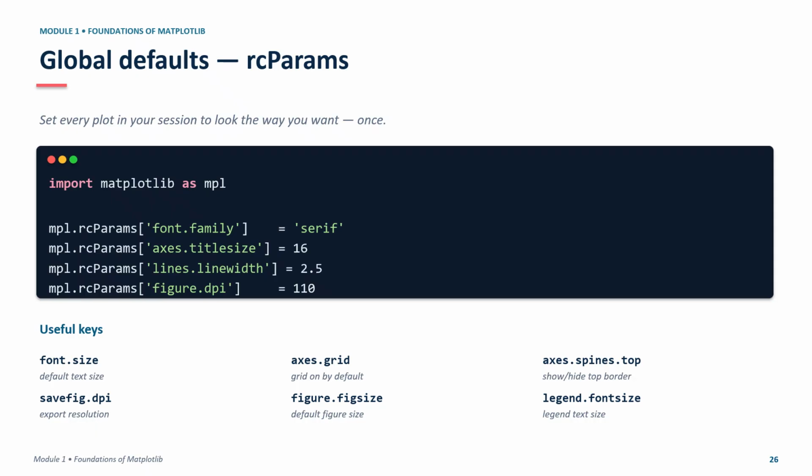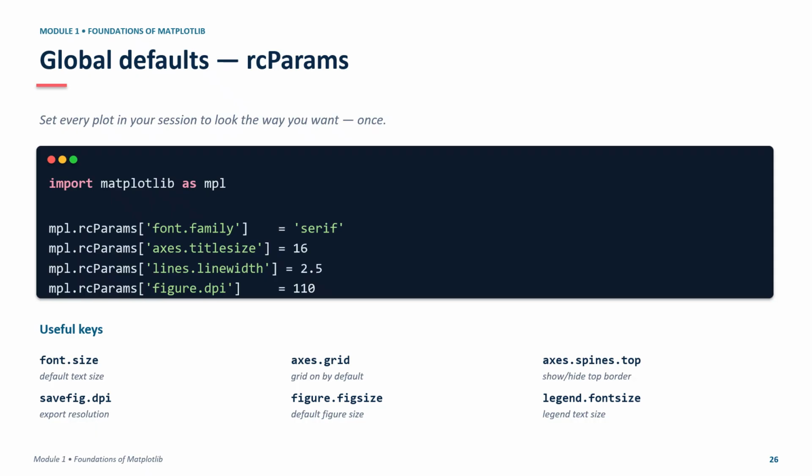Why do we have to use it? Without rcParams, you would have to set the line width equal to 2, font size 14, etc. on every single plot. When you use rcParams, you can set them once at the top of your notebook, and every plot automatically uses these settings.